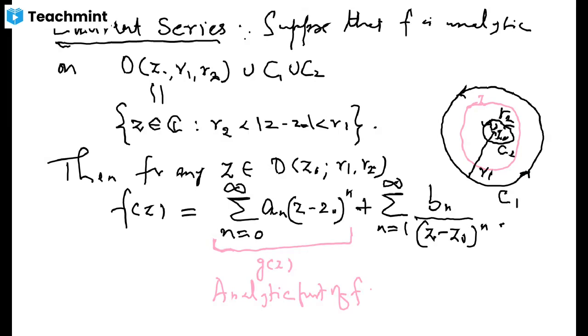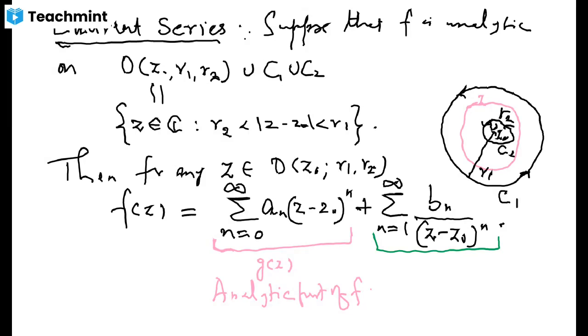Now look at the second part of the series. Here you can see you have trouble at Z naught. Obviously this series is not convergent at Z naught, and after this we will maybe talk about power series expansion about infinity.